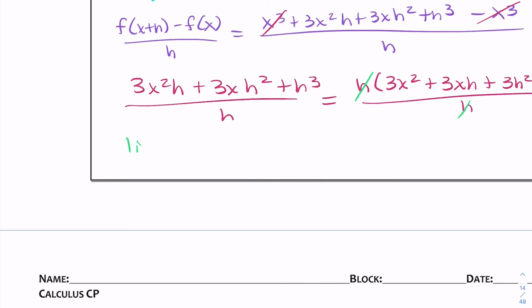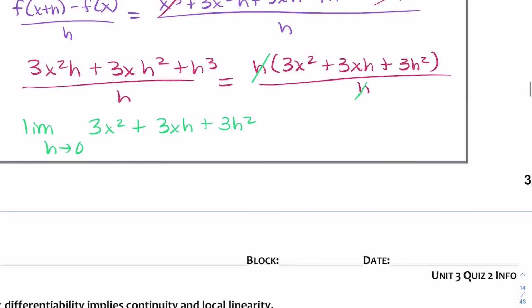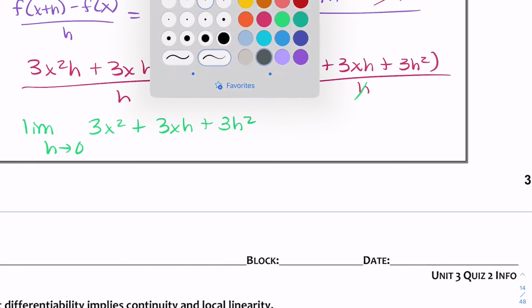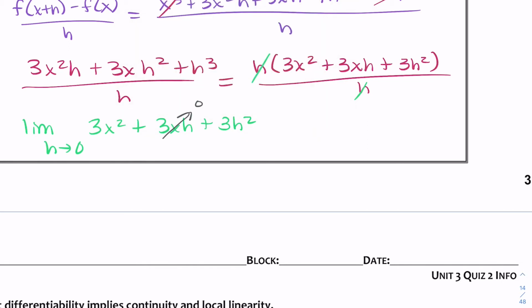We now take the limit as h approaches 0 of 3x squared plus 3xh plus h squared, and this goes to 0. This goes to 0, anything with an h in it.